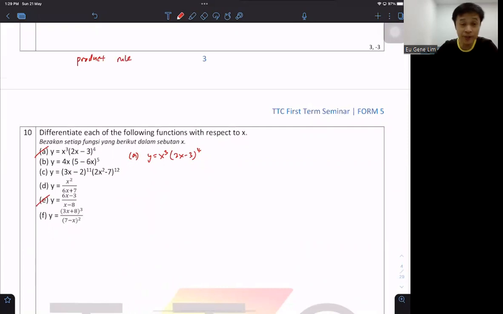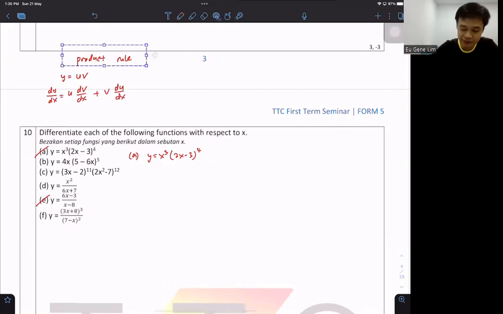You need the formula. Y equals to uv, dy dx equals to u dv dx plus v du dx. Product rule. Have you learned this before?